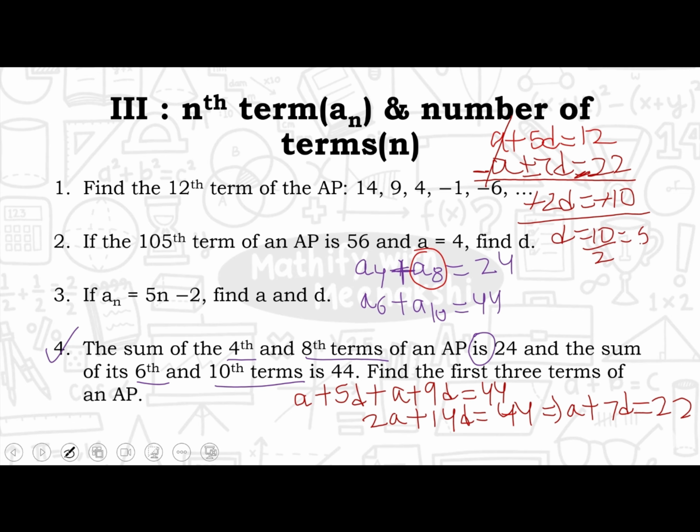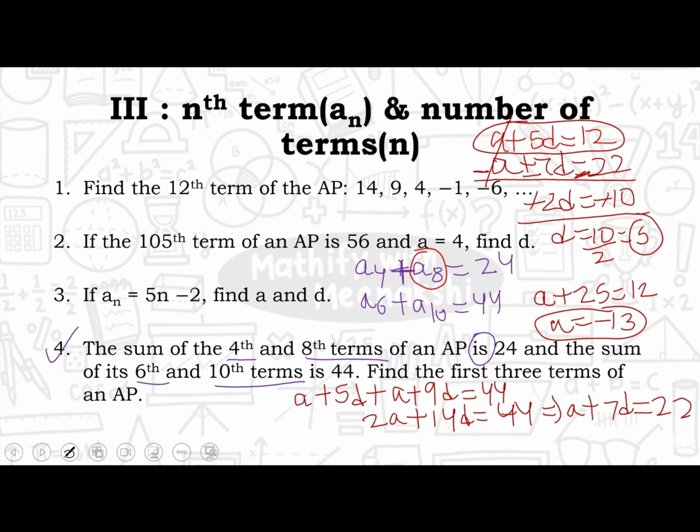So I know my d now. I have to just find a. So how will you find a? Just put the value of d in any one equation. I'm putting my value here, a plus 5d equal to 12. So if you put d as 5 here, you will get a plus 25 is equal to 12. So now what is your a? 12 minus 25, that is minus 13. So my d is 5 and a is minus 13.